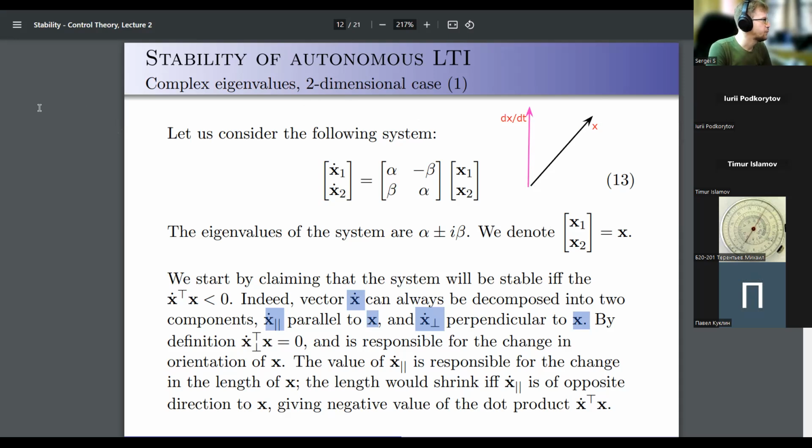Now I can decompose this x dot into two components. One component is perpendicular to x. One component is parallel to x. Those two components, we will draw them in a different color again.